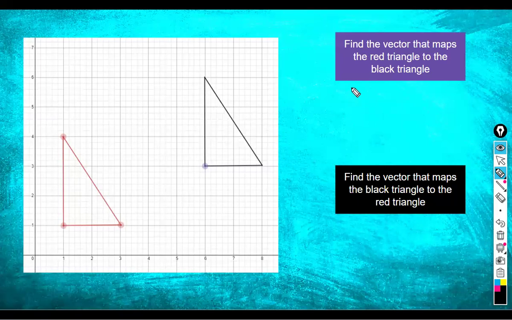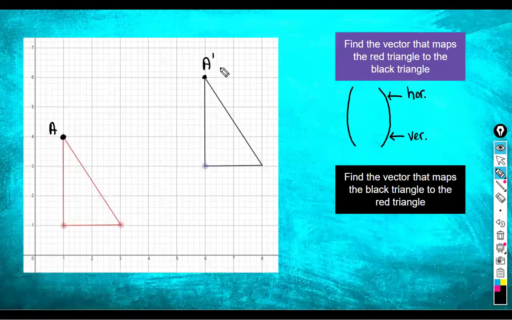If they ask you what's the value of the translation, you need two values, right? You need a top value for the horizontal movement and an underneath value for the vertical movement. Let's just take one point over here. I'm going to call this point A and this A prime. If I wanted to move from A to A prime, but I'm only allowed to move horizontal or vertical.